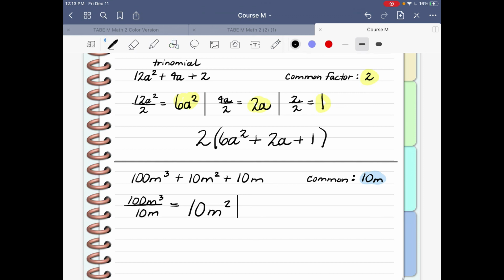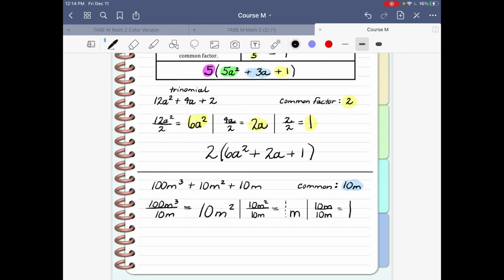Okay, then we're going to divide the 10m squared by 10m. 10 into itself is 1 time. m squared minus m to the first would leave me with just m. And then finally, I have 10m over 10m, which is going to equal 1.